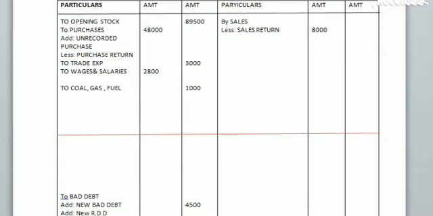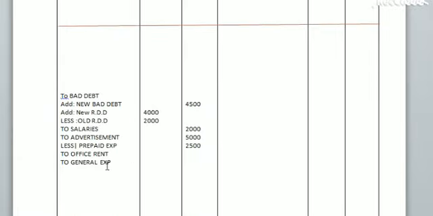The next is carriage inward. To carriage inward, the amount will come in the outer column and the amount is 800 rupees. The next is carriage outward, profit and loss account.